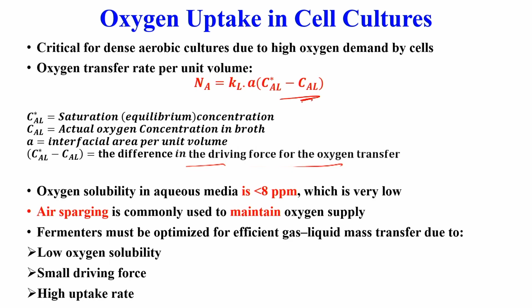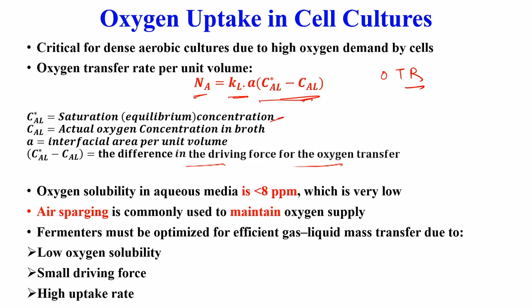Now, when we are talking of the mass transfer, first we will see the oxygen transfer rate, OTR, part. So, oxygen transfer rate per unit volume is defined as KLA into CAL star minus CAL.